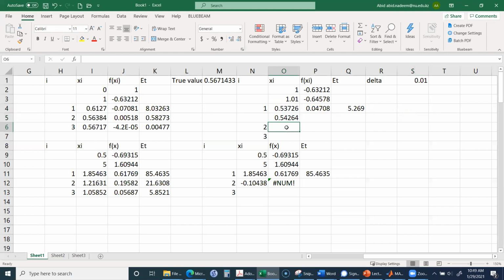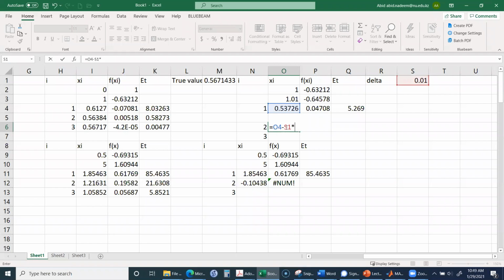So for the second iteration, now what I have to do is take this original value minus the delta. So delta in this case is again 0.01 times the value of the function.